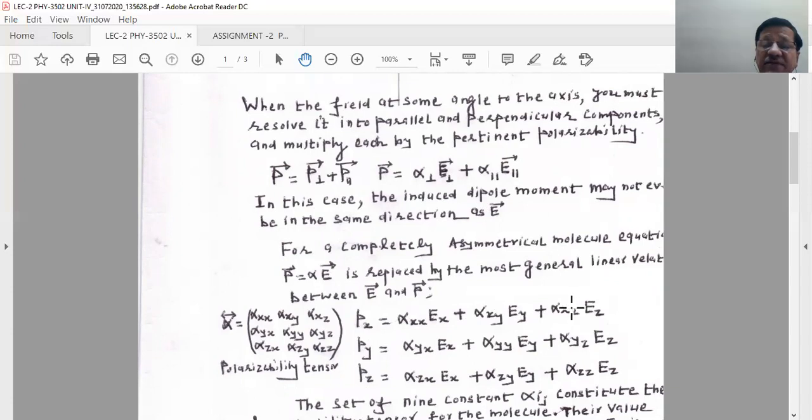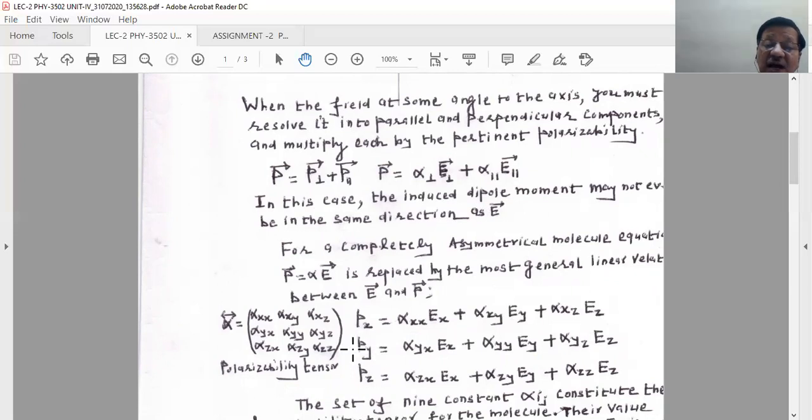A very important thing which I want to demonstrate is that the X component of the induced dipole moment is caused not only by the X component of the electric field, but it is also caused by the Y component and the Z component of the electric field.